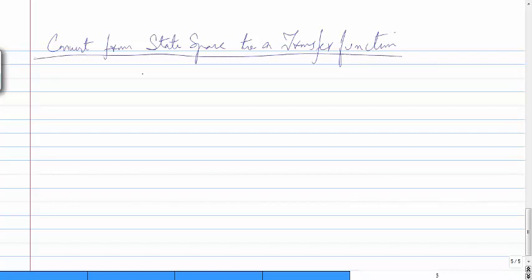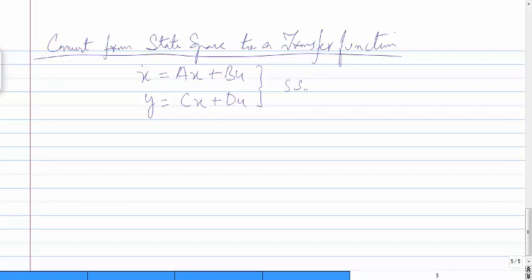If I write the generalized formulation of state space form, this is the thing that we have. This is the state space form. Okay, now I told you how we do that.